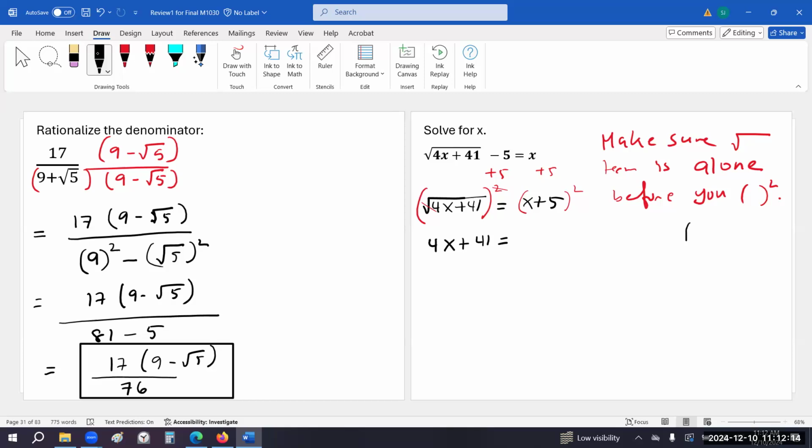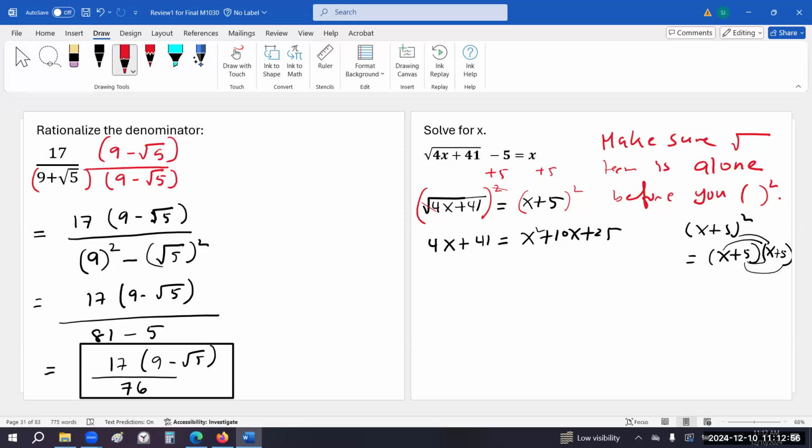X plus 5 squared is what? X squared plus 10x plus 25. Perfect, because we need to FOIL them. If you can't do it, no problem. Okay, so what do we do now?